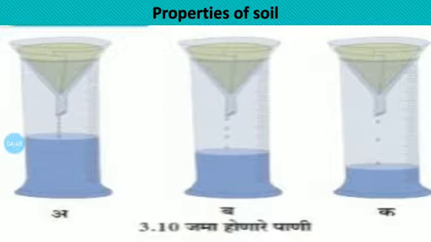Place the funnels on the measuring cylinders. Pour 1 test tube of water into each funnel and observe how much water is collected in each measuring cylinder. What inference will you draw from this?